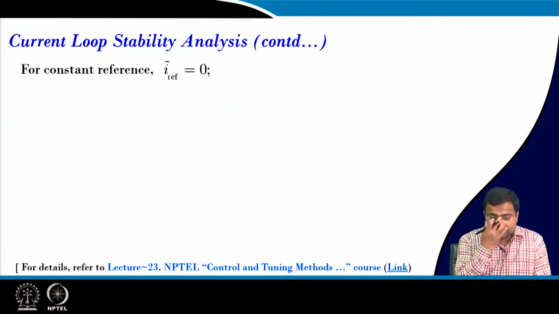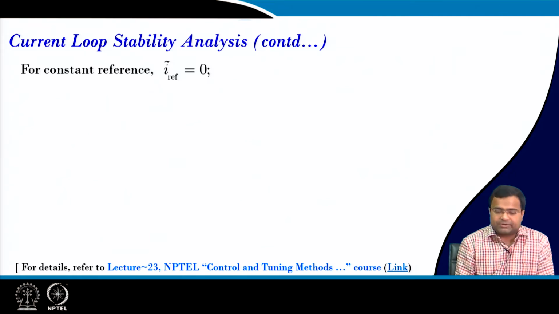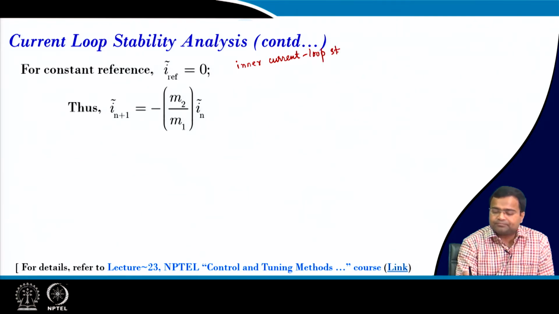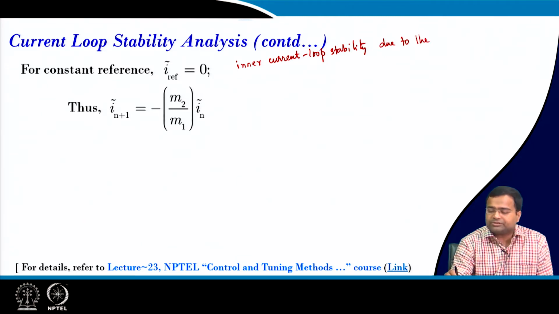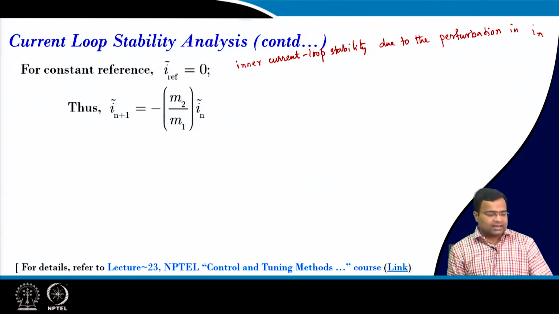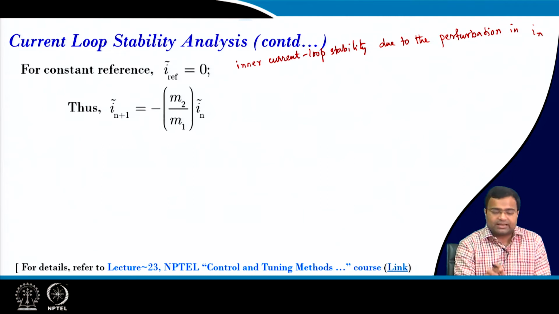Here, when we say zero input stability, we are taking only the inner current loop stability due to the perturbation in IN, that is the initial current, and that is why we are not perturbing the I ref.